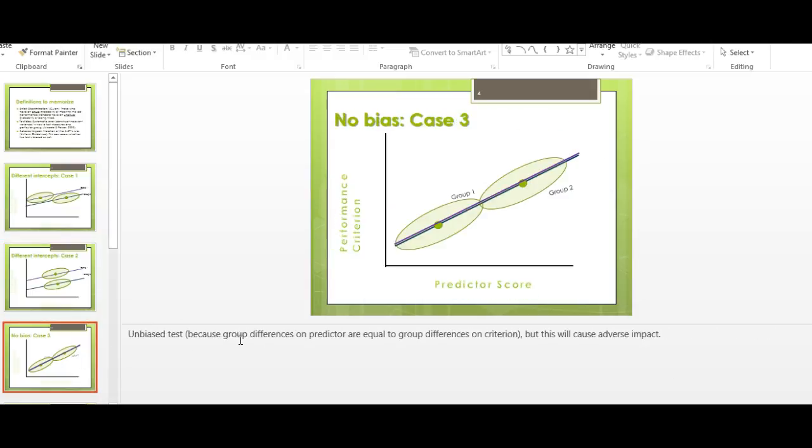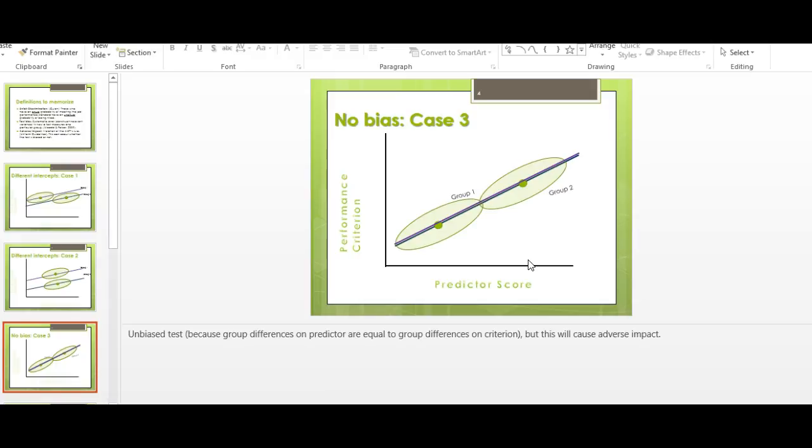Okay, case 3 is the no bias case, and this is the ideal scenario where you do have group differences on your predictor, but they result in equal group differences on the DV, and so you're okay, you're good with the legal side of things here. And this is a good scenario, except it will produce AI, so you want to think about that, as I alluded to before.